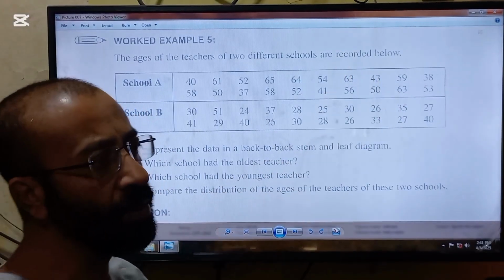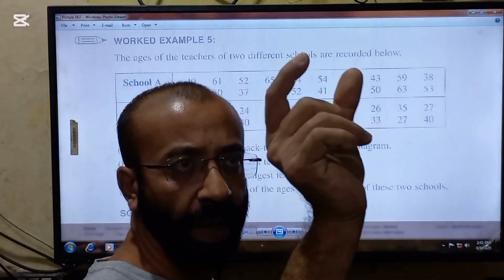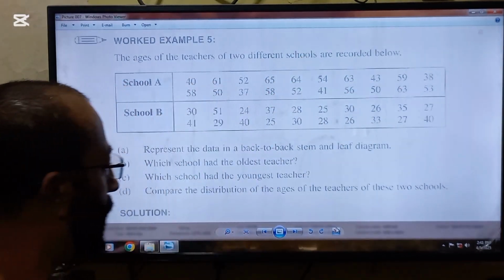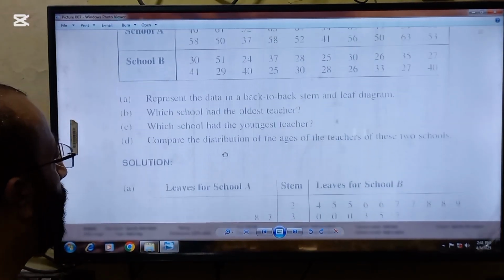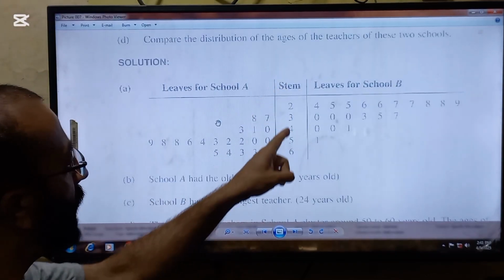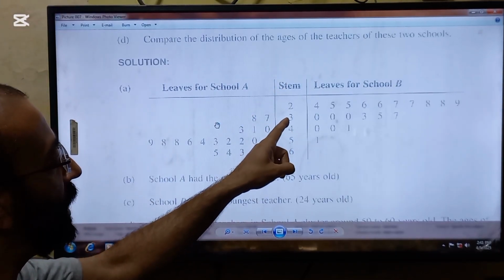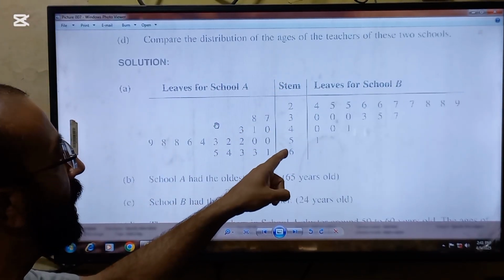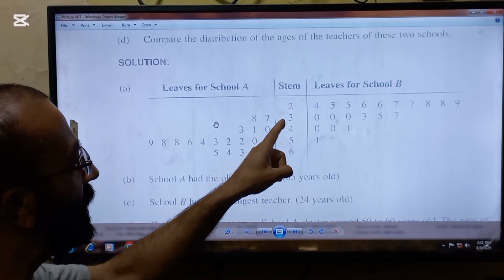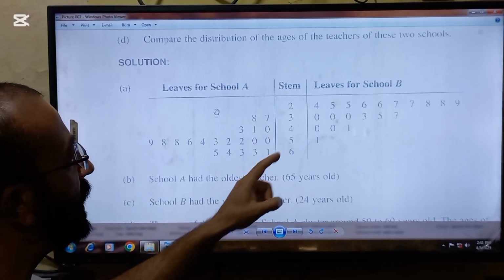So we have to draw a stem in the middle like this, and write the tens digit in the stem as a column, that is 20s, 30s, 40s, 50s and 60s.